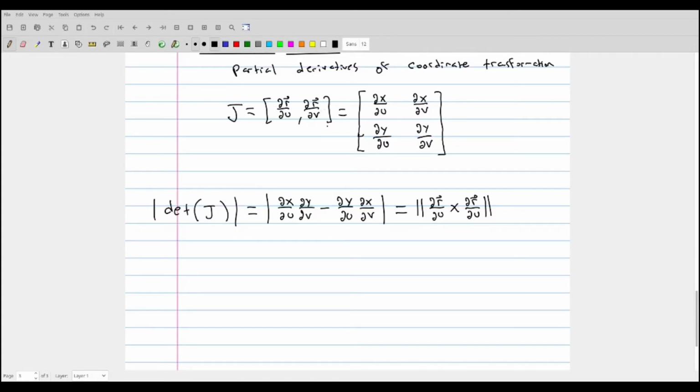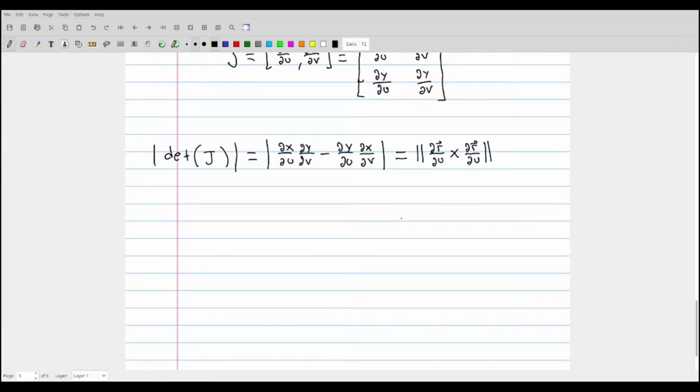Same thing with dr/dv. These two things are identical to one another. So what we've shown is, in general, for a general coordinate transformation, that dA is the magnitude of this times du dv, which is the same thing as the absolute value of the Jacobian determinant of the coordinate transformation times dv du.